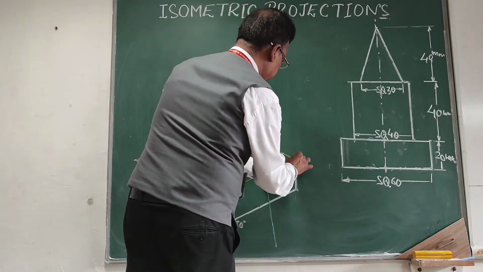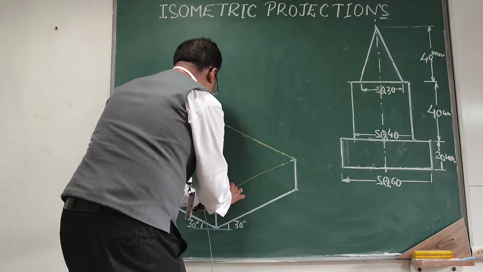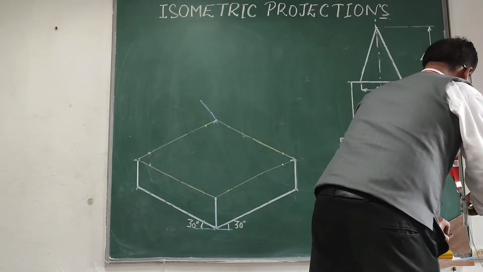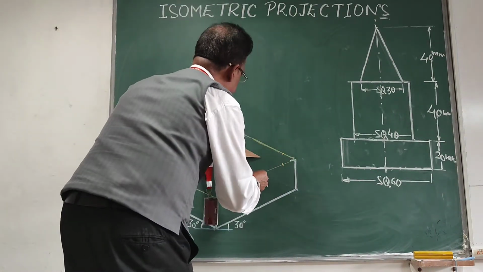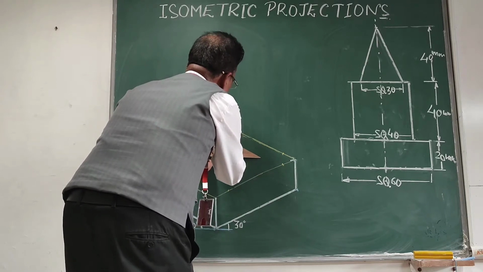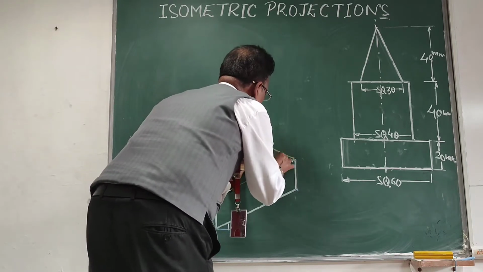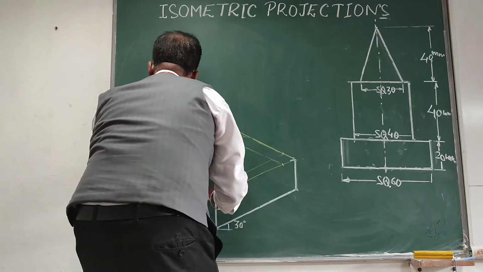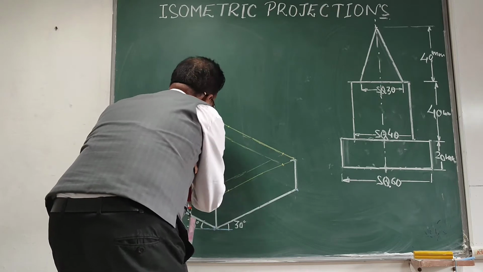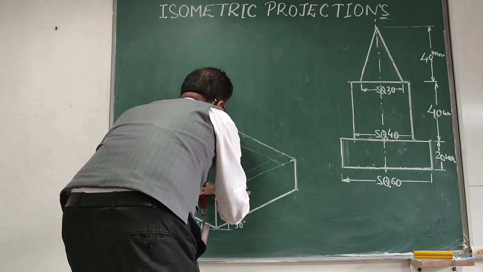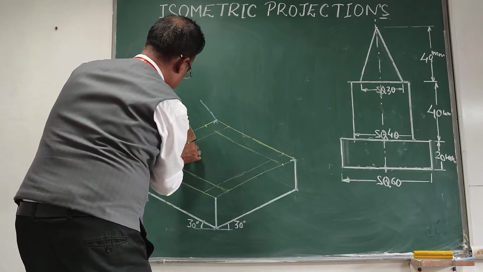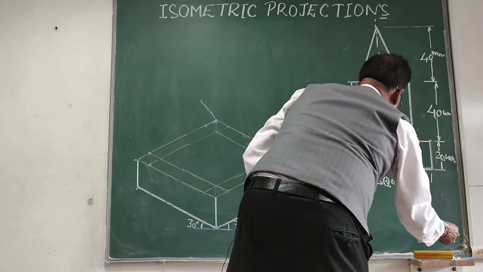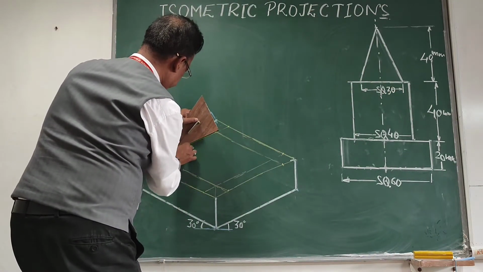so that I can centrally get the square. So I can easily get this square.